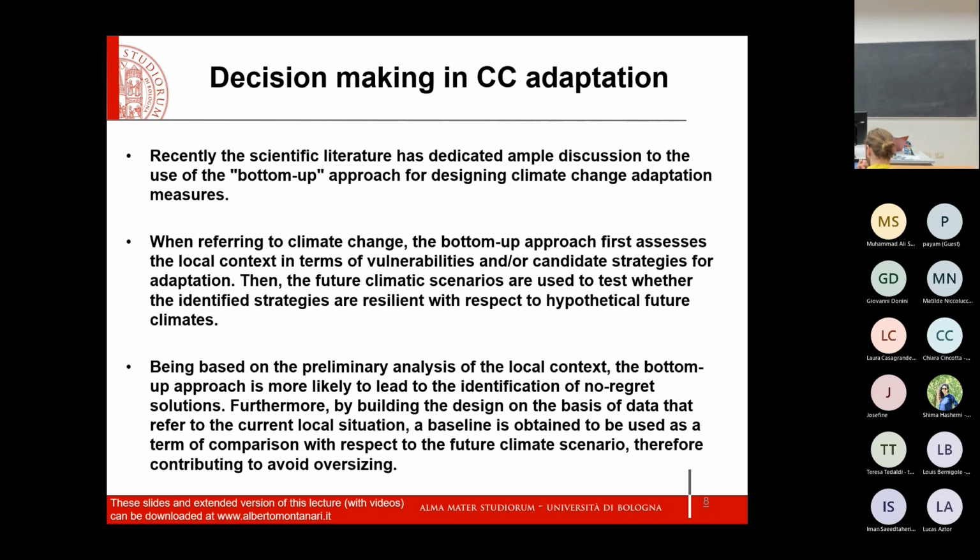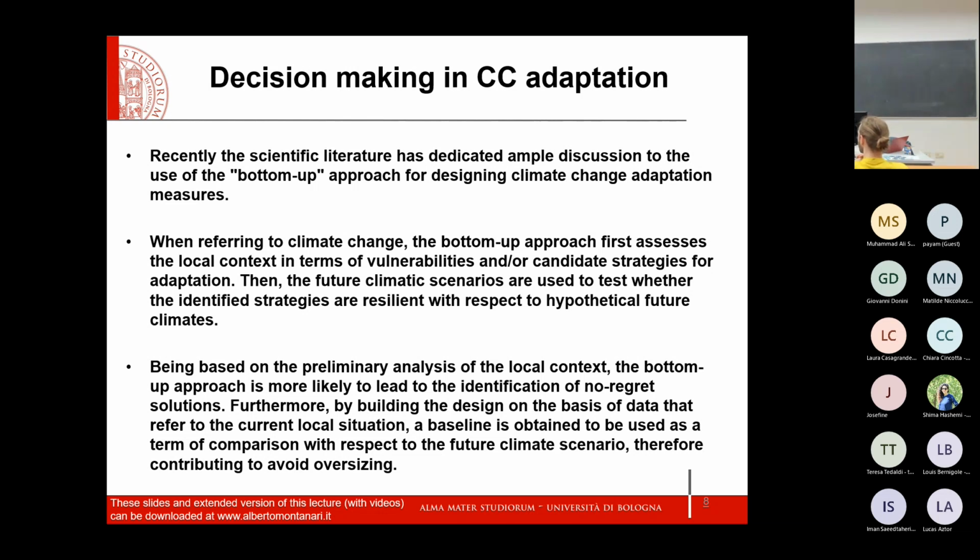So the scientific literature tried to devise an alternative approach. And the alternative approach refers to what I previously identified with the term no regret solutions. So let's try to identify solutions which can be taken, which can be implemented, and are no regret. Maybe these solutions don't solve completely the problem.